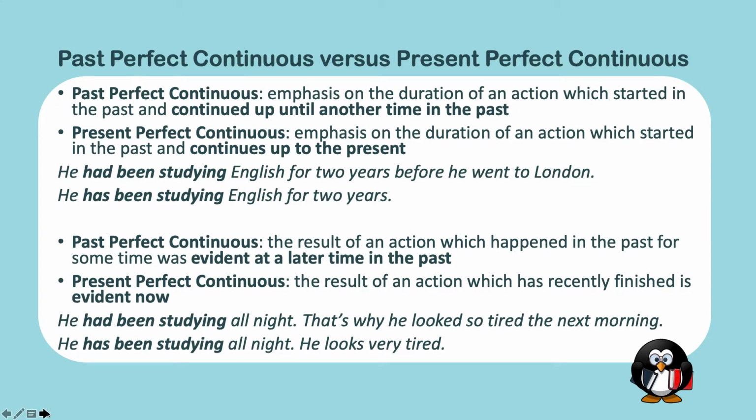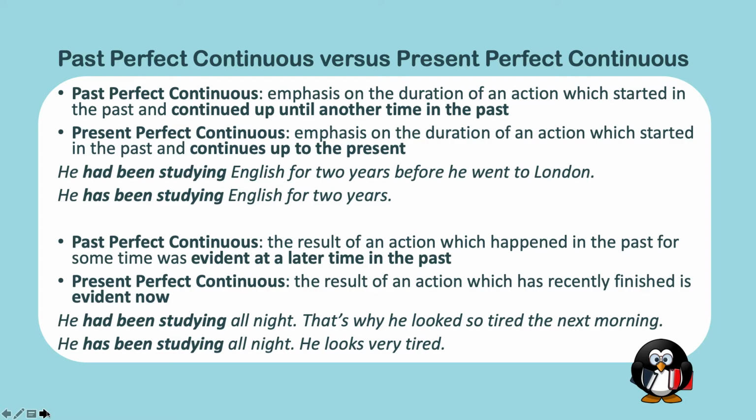For example, he had been studying English for 2 years before he went to London. Now, both of these actions finished. He stopped studying English and he went to London also in the past. But when we say he has been studying English for 2 years, we mean that he is still studying English.